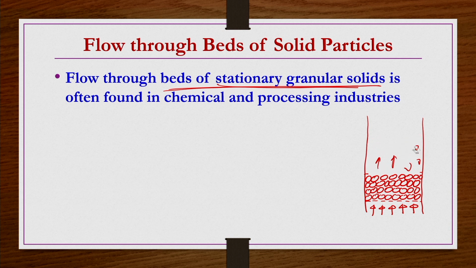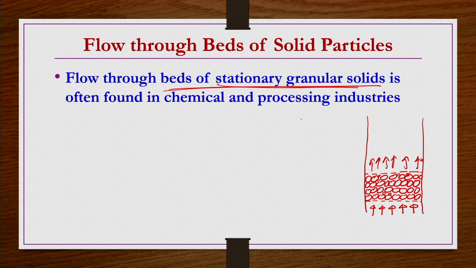That is, the top of these beds is also closed with a perforated plate, something like this. The fluid flows through the bottom, passes through this perforated plate, then through this particle packing structure, and goes out of the bed, right?